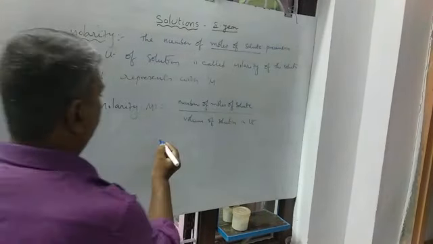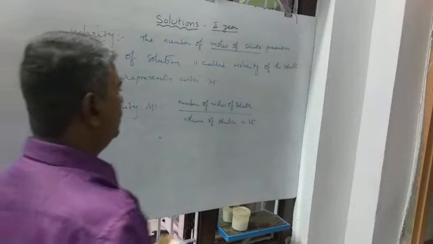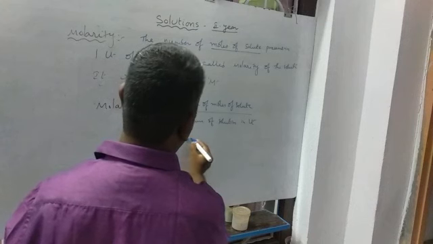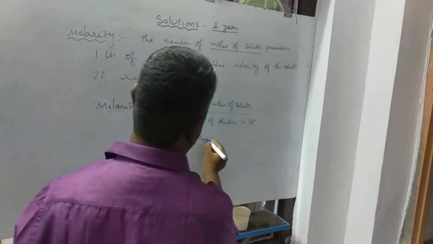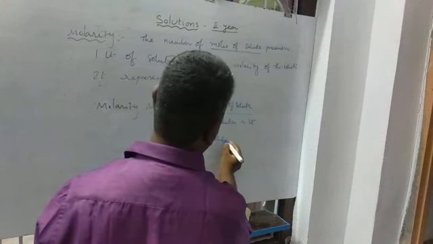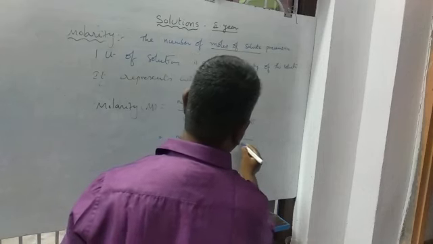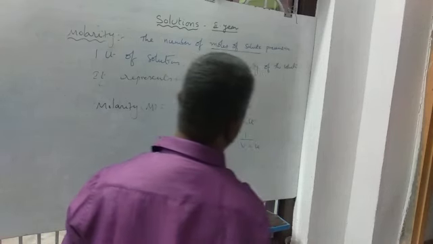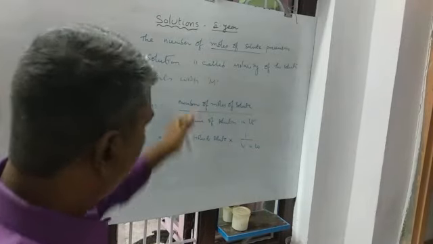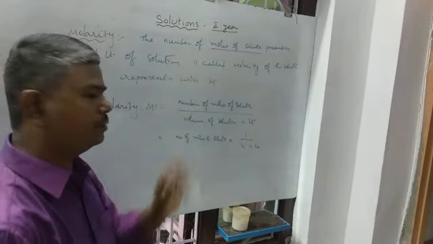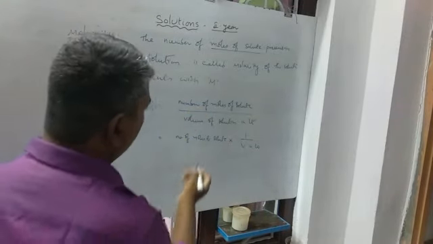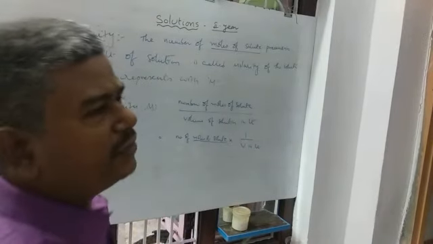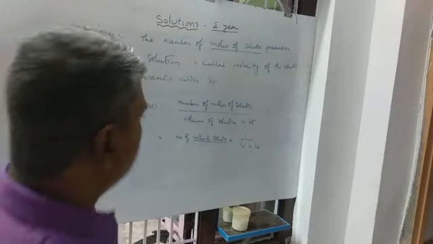That means it is written as number of moles of solute into 1 by V in liters. No problem, madam. So how can we calculate the number of moles?